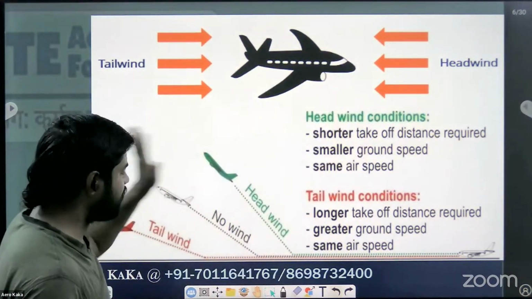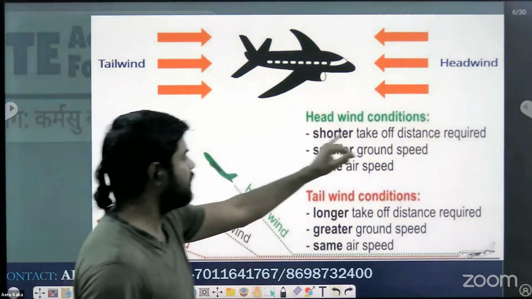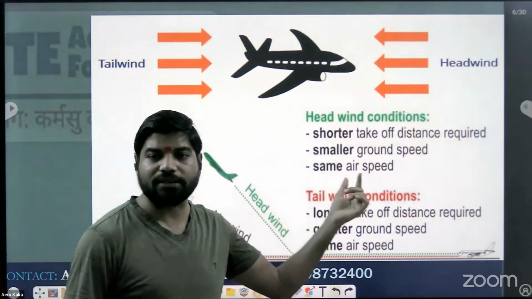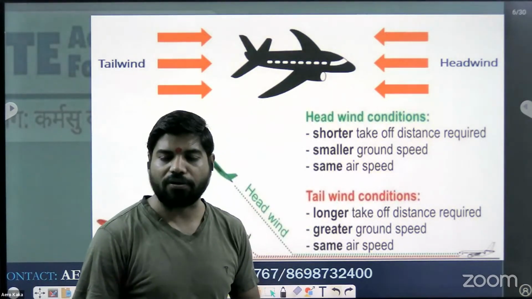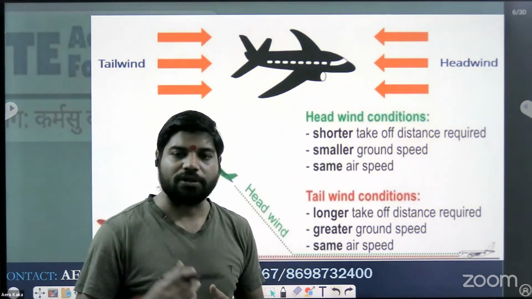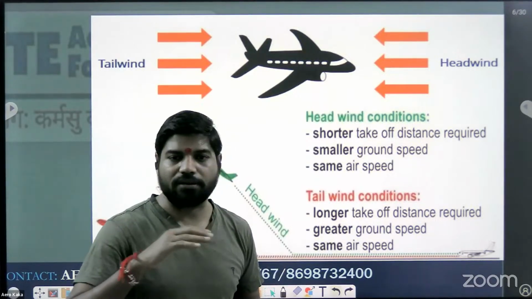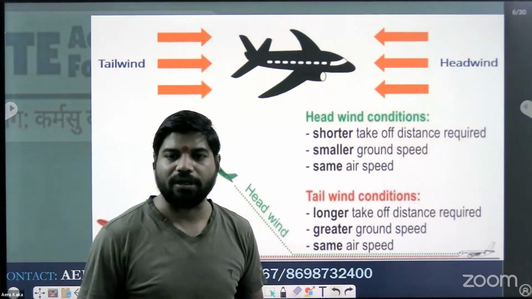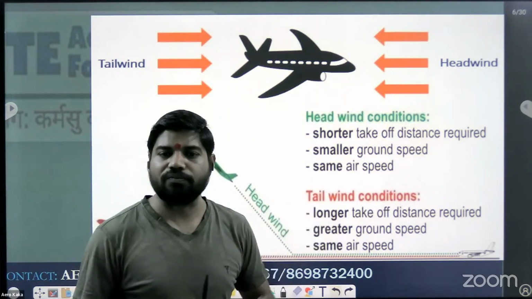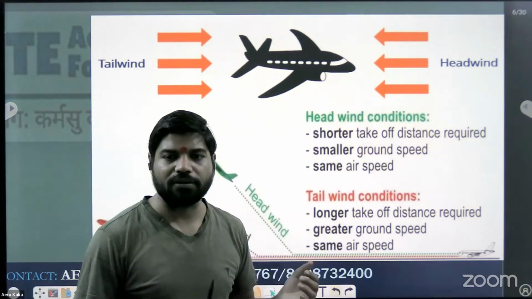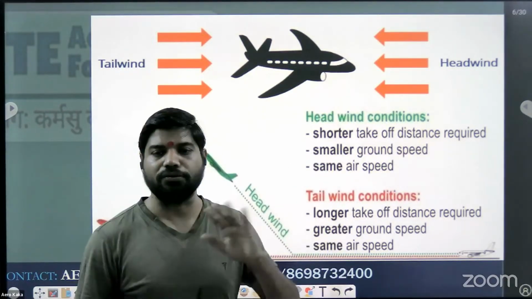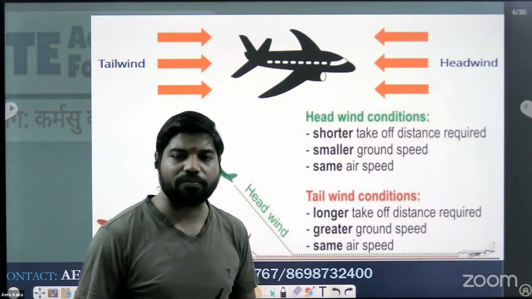Now, this is another diagram. In headwind conditions, during takeoff, the takeoff distance required is shorter. If the aircraft encounters a headwind, then the takeoff distance will be shorter. Second, a smaller ground speed, and there is no change in the airspeed of the aircraft.